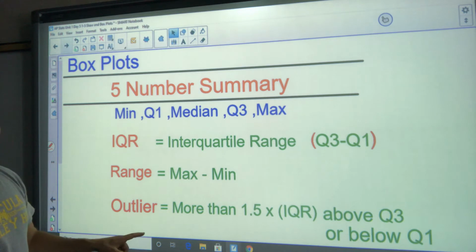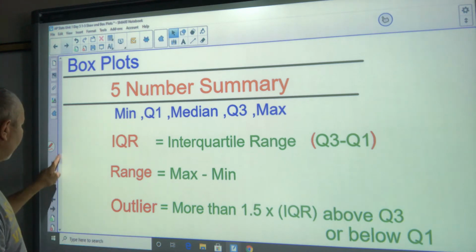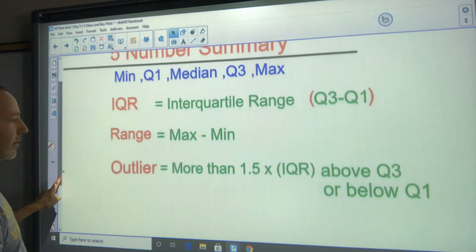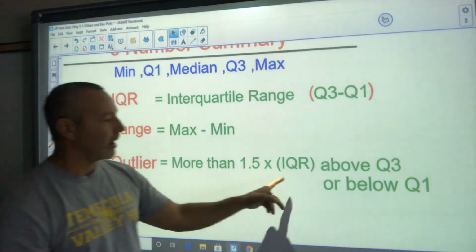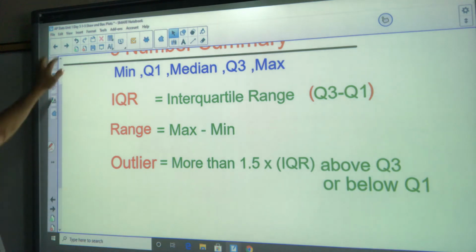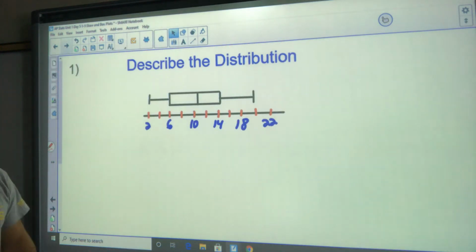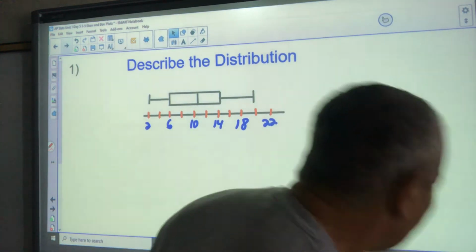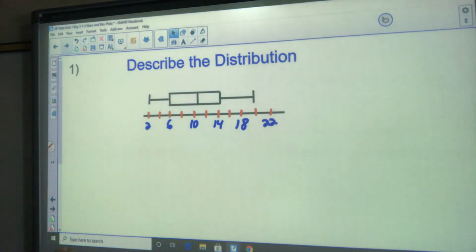And a point is an outlier if it is more than 1.5 times the IQR above Q3 or below Q1. All right, I jumped the gun there, but this is really what I'm here to describe: the distribution. We're going to be talking about 4 topics actually.